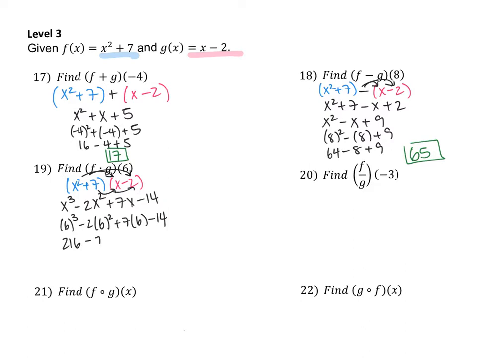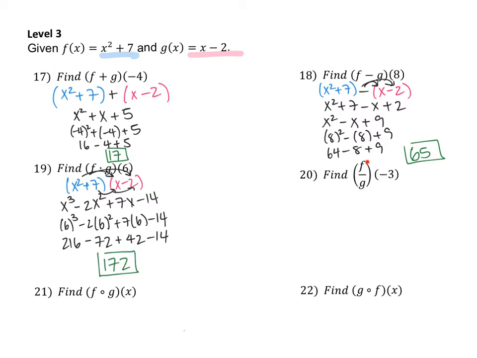Yep. And 7 times 6 is 42 minus 14. So I'm going to add all of this up here. So 216 minus 72 plus 42 minus 14 is going to give me 172 as my final answer.